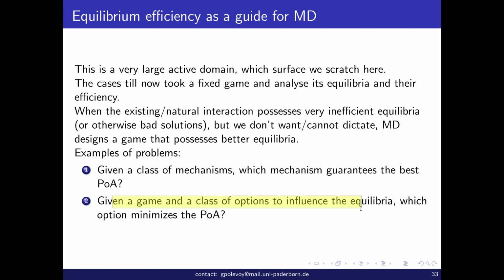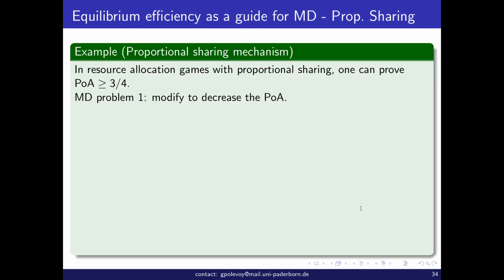So given a class of options to influence the equilibrium, which options will minimize the price of anarchy? And let us give the example of the proportional sharing mechanism.